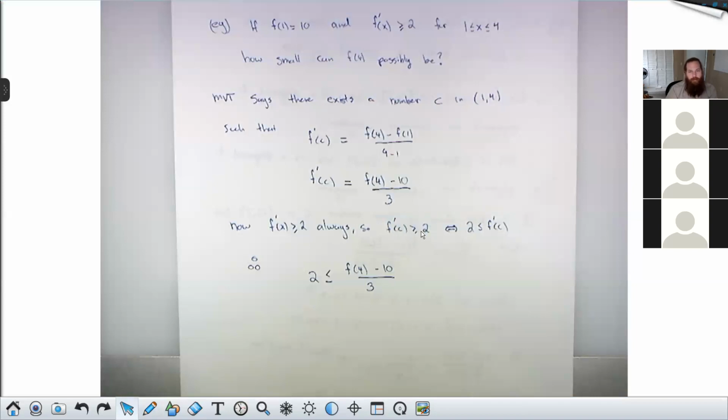Another way of saying that this is bigger than 2 is that 2 is smaller than this, right? If Joe is taller than Sally, then Sally is shorter than Joe. It's the same statement, just rewritten. Now I take this information and I plug it in here. If f prime of c is equal to f of 4 minus 10 over 3, and f prime of c is bigger than 2, then this thing has to be bigger than 2, because that thing is equal to f prime of c.